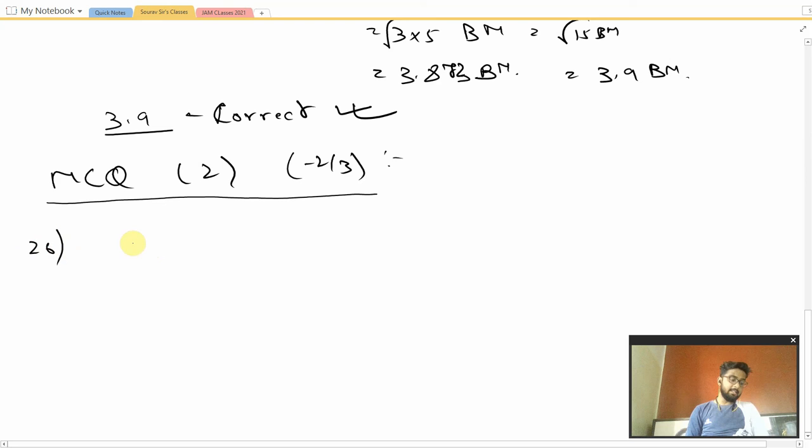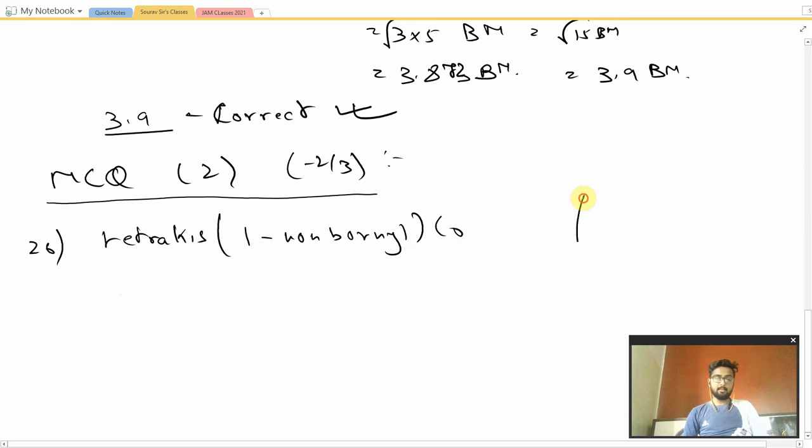So question number 26 says that a complex is given. The name of this complex is tetrakis 1-norbornyl cobalt. Okay, so the structure that is given here, let me draw the structure.